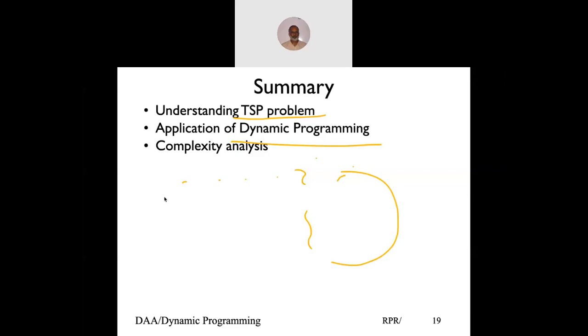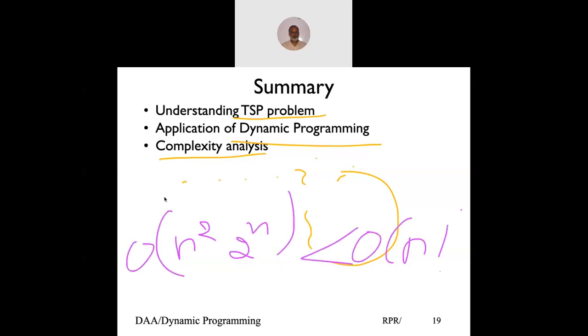That's essentially what we did. And finally we did the complexity analysis, which is n square 2 raised to power n, which is certainly less than order factorial n. And this is what we basically get better, even though this is exponential, it's better.